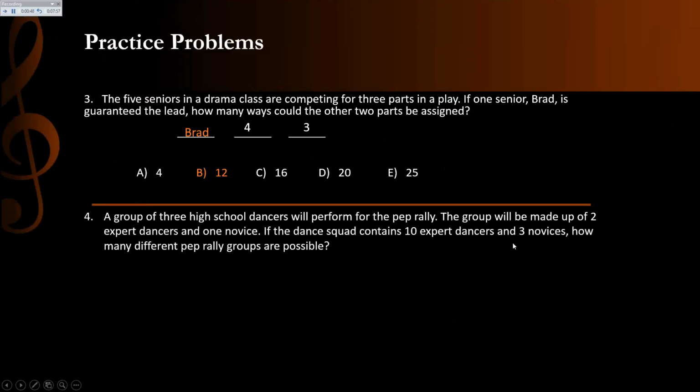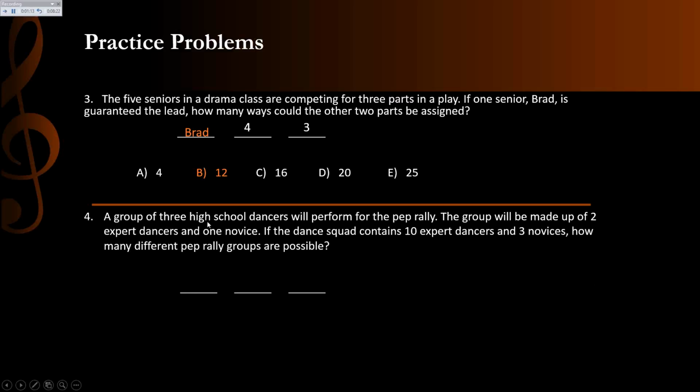Here we see a group of 3 high school dancers will perform for the pep rally. The group will be made up of 2 expert dancers and 1 novice. If the dance squad contains 10 expert dancers and 3 novices, how many different pep rally groups are possible? Alright, again, the first thing I want to do is always put my dashes down so I know how many I'm looking for.